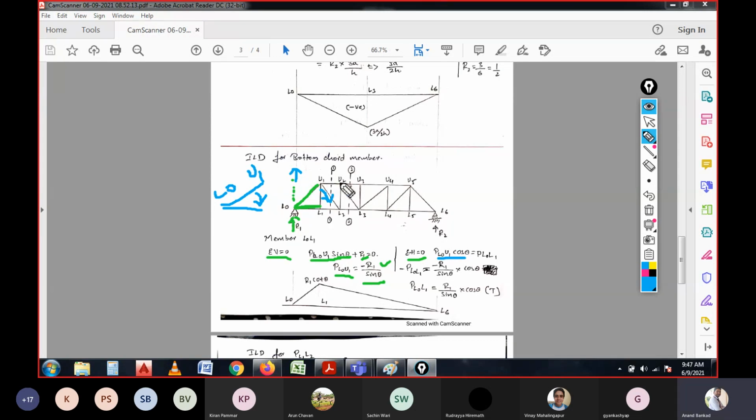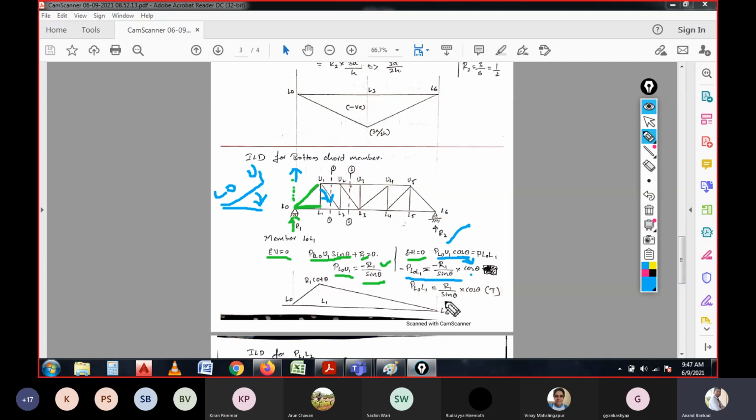So again, the section is considered, and with the sign convention, P L0 L1, we are just substituting the value of P L0 U1. So what is P L0 U1? Minus R1 sin theta. Again, this cos theta is similar over here. That means P L0 U1 is minus R1 sin theta, and cos theta is written the same.